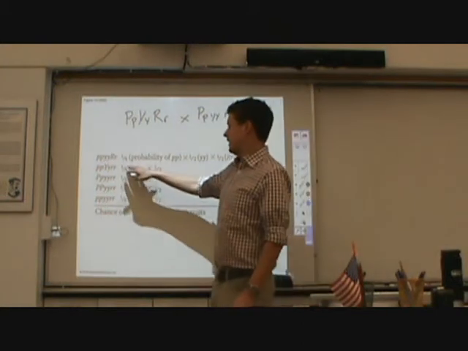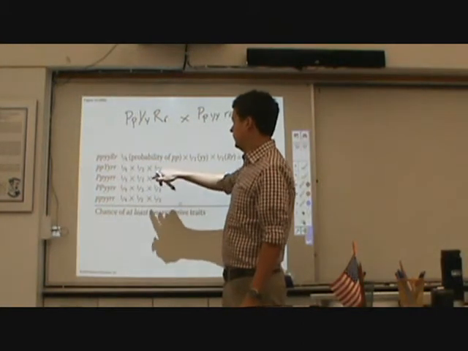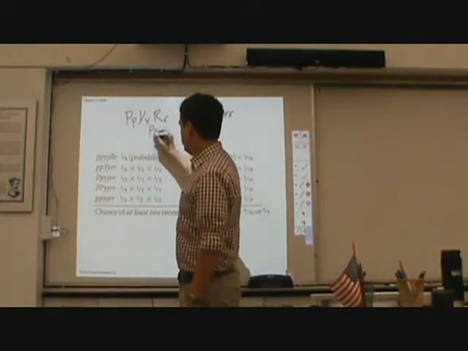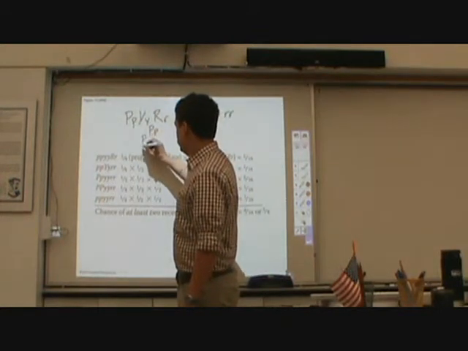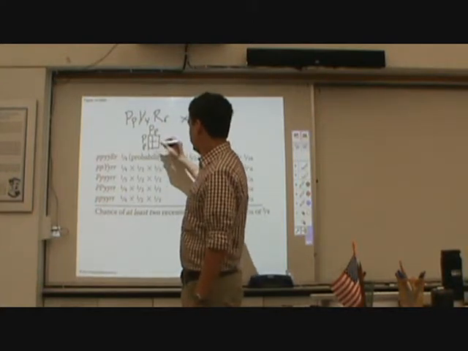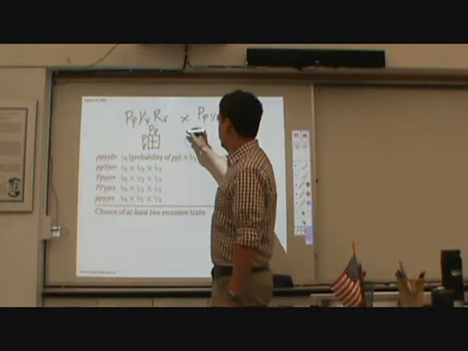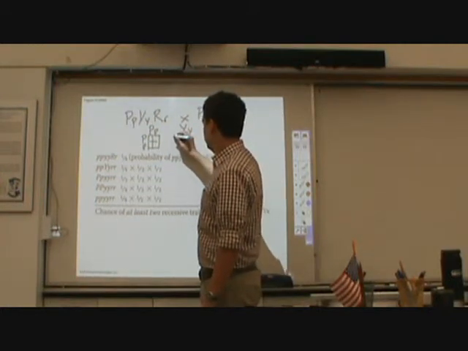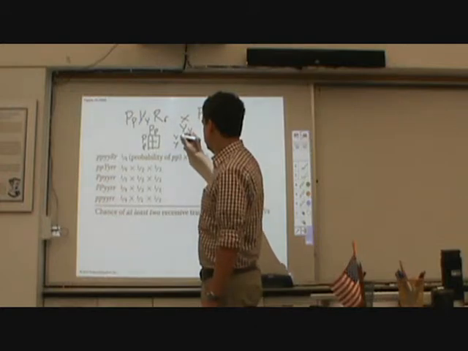So the probability in this case of getting, let's see, I'm not actually going to write out all of the little ones in there, but I'll just draw it out because I think that'll still make it a little bit easier to visualize.